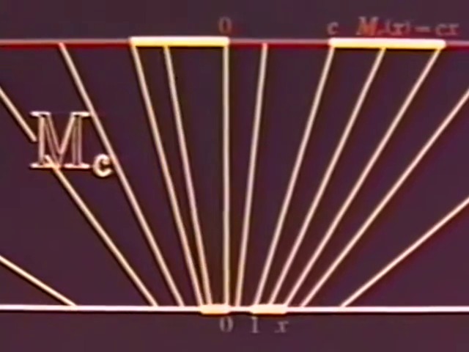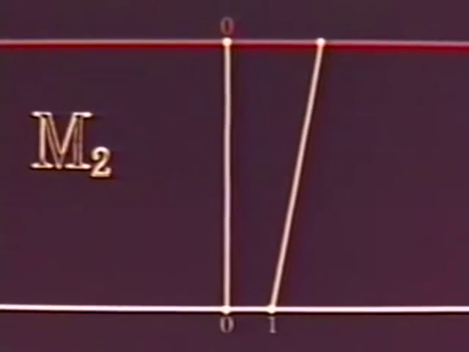Here, it is the ratio of the distance between any two images to the distance between their pre-images which remains constant. And that constant is the absolute value of the coefficient of magnification c. For example, m sub 2, the doubling function, maps the origin into itself and 1 into 2. This is all we need to completely determine the magnification diagram.